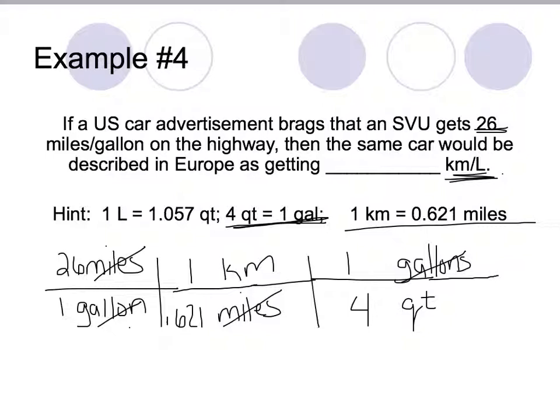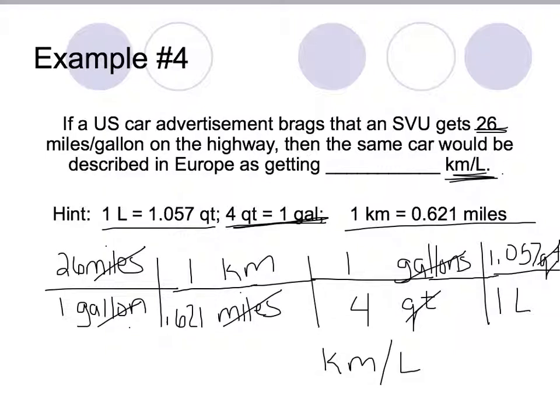So I need one more section of my truth table. And I know from this conversion factor right here that 1.057 quarts equals 1 liter. Now that I have that, everything cancels out and you're left with kilometers over liters.